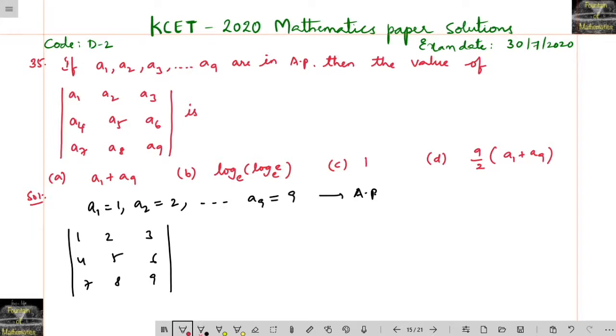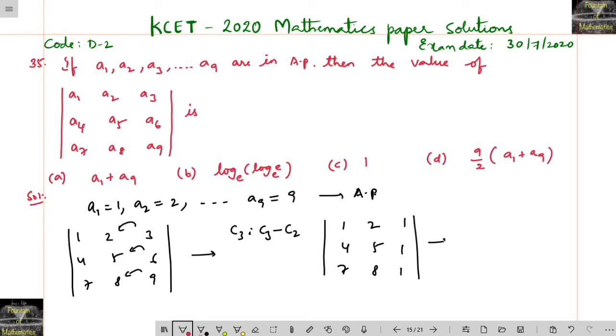Now applying the column transformations, if I do column 3 minus column 2 first, we'll be getting 1, 4, 7 in first column, 2, 5, 8, and here we'll be getting 3 minus 2 is 1, 6 minus 5 is 1, 9 minus 8 is 1.